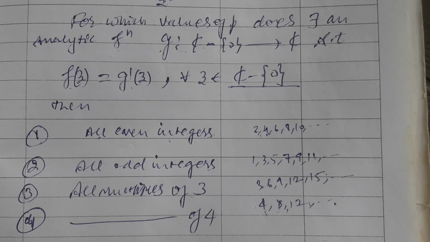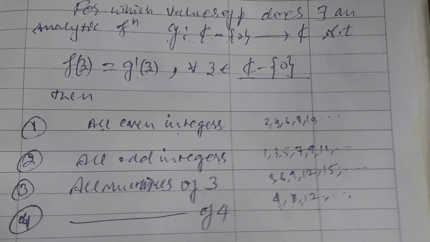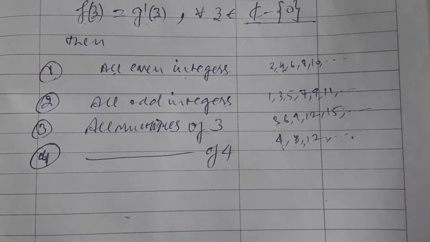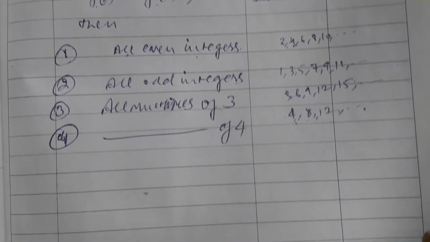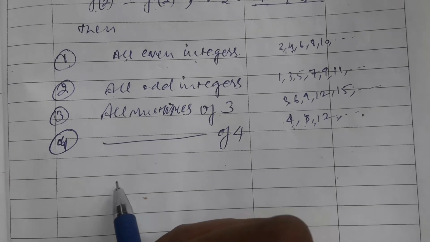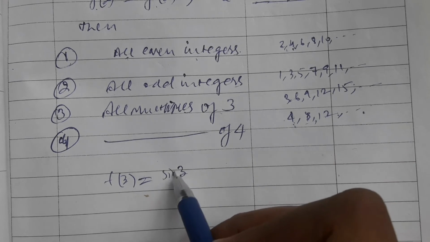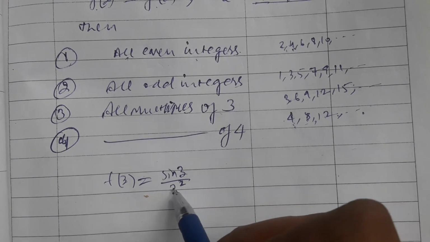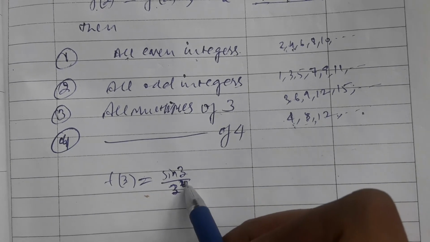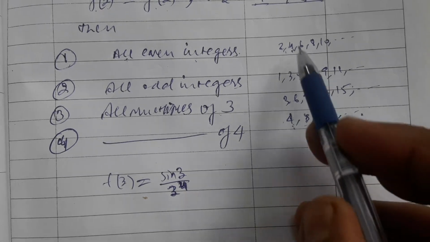So let us go on to our method to solve this problem. For the purpose of discarding, let me take f of z equal to sin z upon z^4, because this will also cover this and this as well.